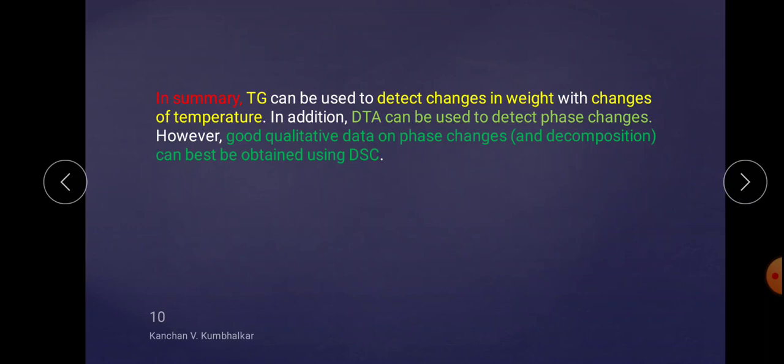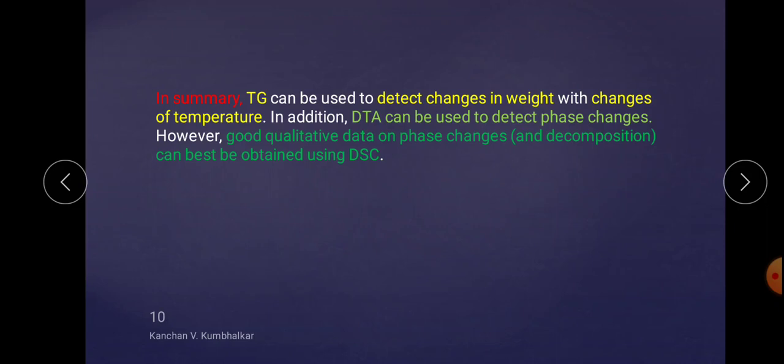In short, in summary, TG can be used to detect a change in weight with a change of temperature. So there are three techniques under observation in this summary: TG, DTA and DSC. TG means thermogravimetry. In thermogravimetry, we are detecting the change in weight with respect to temperature.